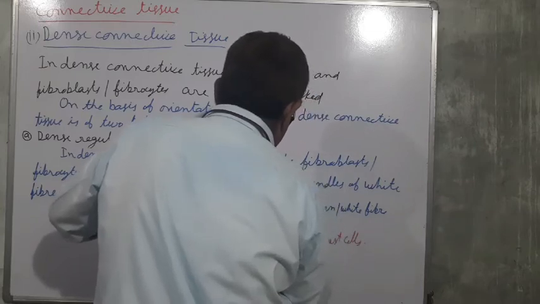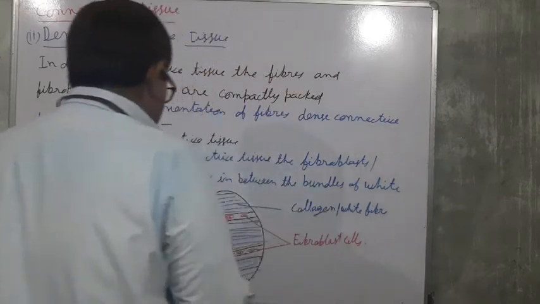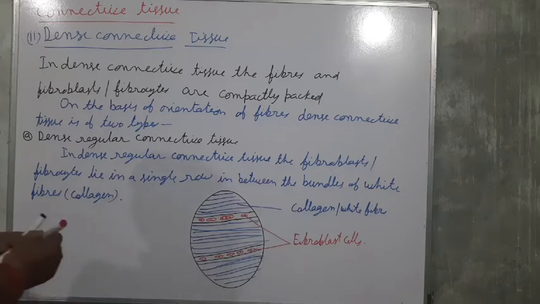We can consider more than one cell. So this is the structure of dense connective tissue.